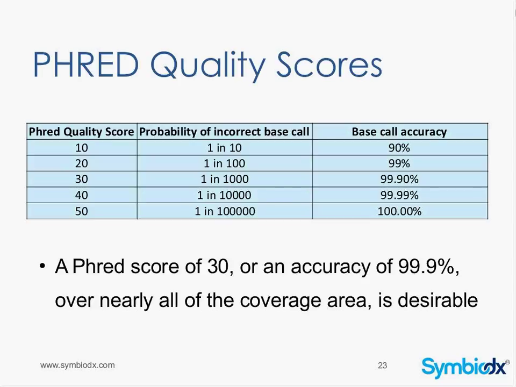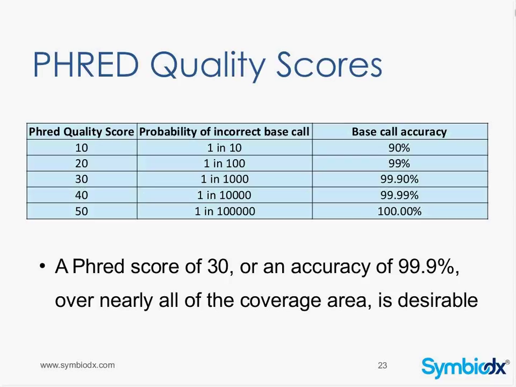It's a logarithmic scale, so moving from 10 to 20 means that you move from having a probability of 1 in 10 incorrect base calls to having 1 in 100 incorrect base calls. And then you can see what the percentage that the base you're looking at is accurate correlates to, based on this probability and this Phred score.